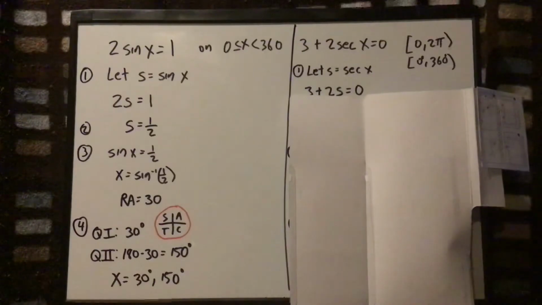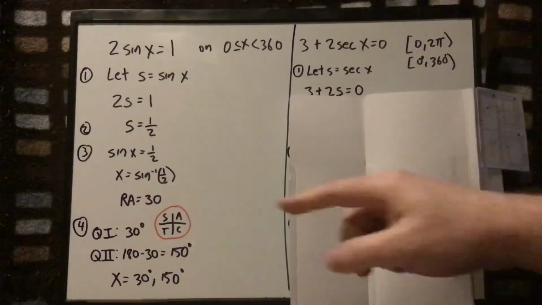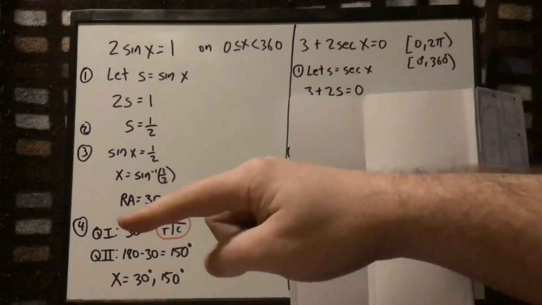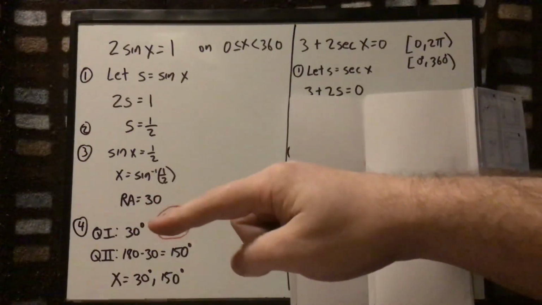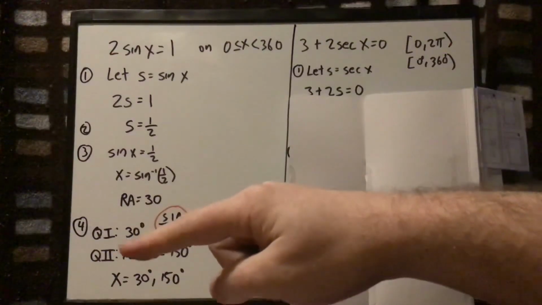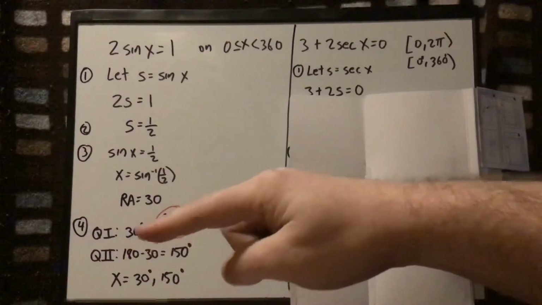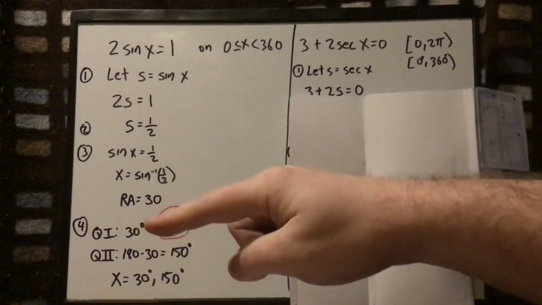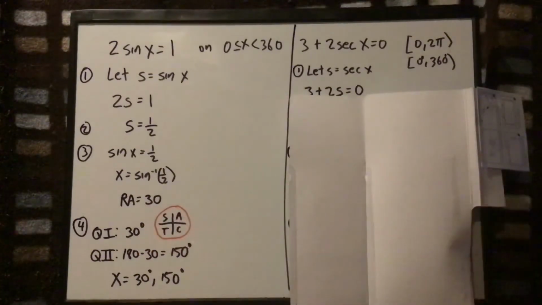My answer out of quadrant 1 is my reference angle. So 30 solves it, and 30 is one of my solutions. So when I go to the quadrant 1, I just use the angle I got in quadrant 1, which is 30.